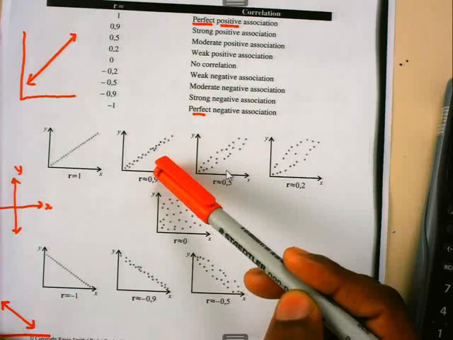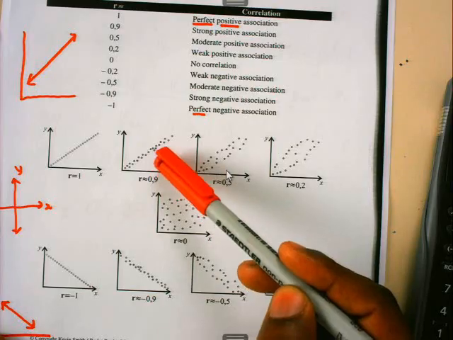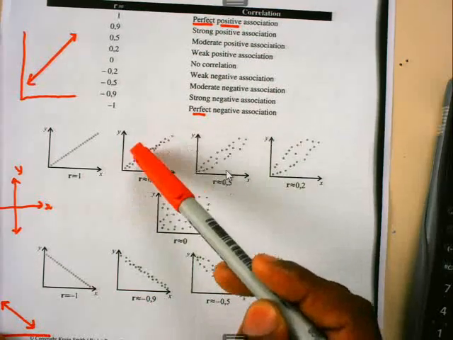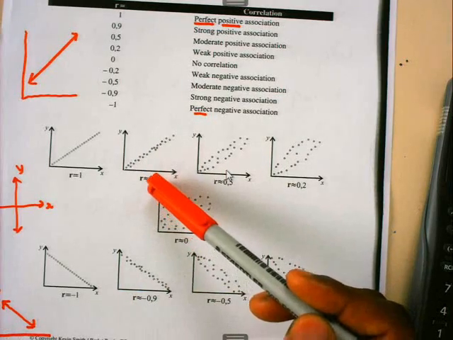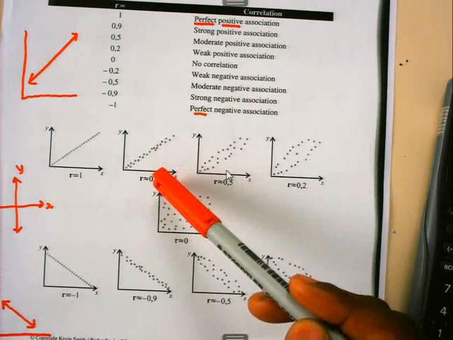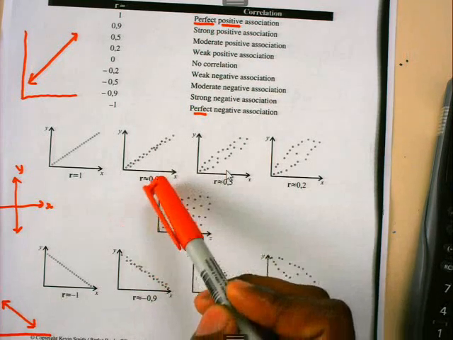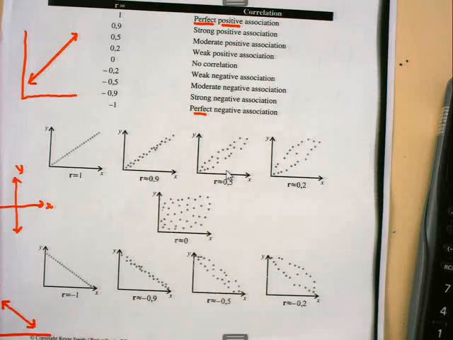Look at this set of points now here, on your scatter plot. R is anything like 0.9. Do you see that? 0.9, 0.8, 0.7.